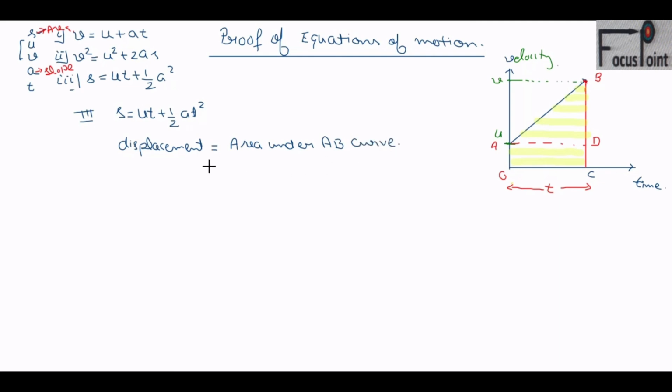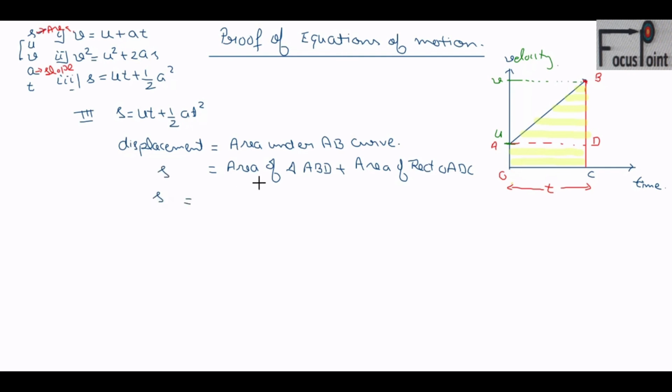Now instead of using the area of trapezium, I'll divide this trapezium into one triangle and another rectangle. So can I write area of triangle ABD plus area of rectangle OADC? Is this right?